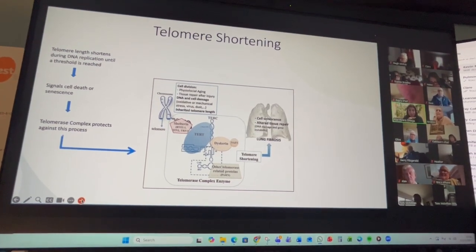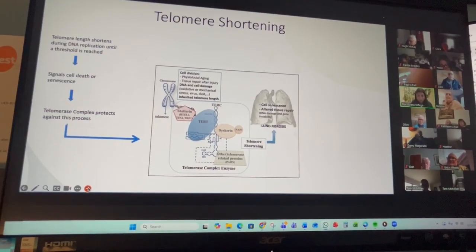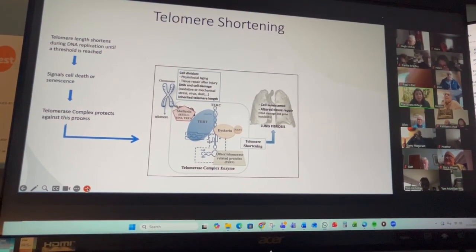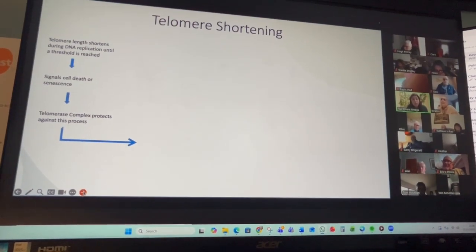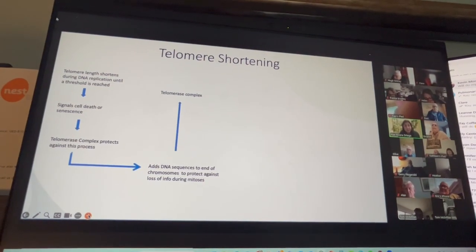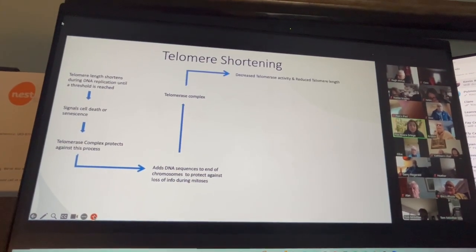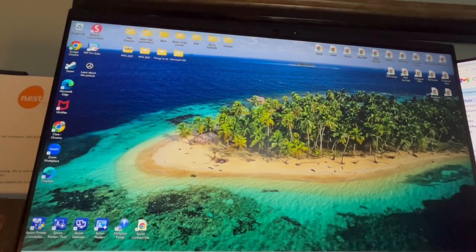I will repair this part that is missing, and you will keep going because you're still very valuable. This enzyme is really good, but what happens when it is not working anymore? We have a decrease in the activity of this enzyme, and we have a reduction of the telomere length.